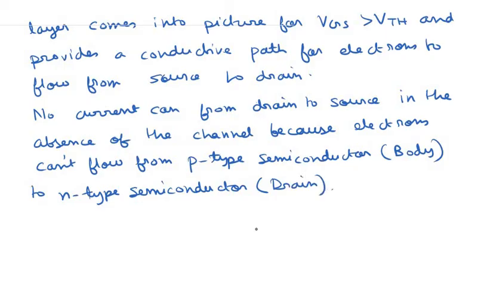Okay, so in the absence of this channel, no current can actually flow from the drain to the source, or no electrons can flow from the source to the drain. Electrons can only flow from the source to the drain, or current can only flow from the drain to the source, when this conducting path, or this channel, or the inversion layer is actually present.